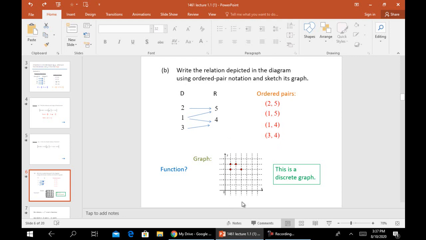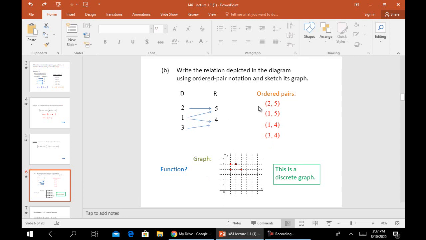So we have the point (2, 5), which is right here. So this is 2, and then you go up by 5 units. (1, 5) would be 1 along the x-axis, and then 5 units along the y-axis, and so on. And so that's the graph of this function.